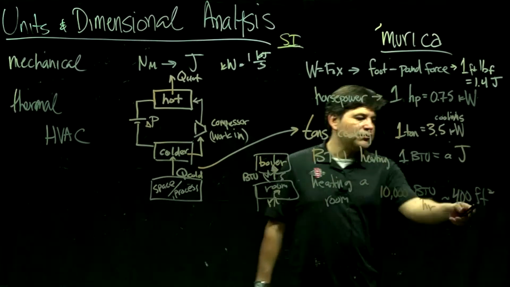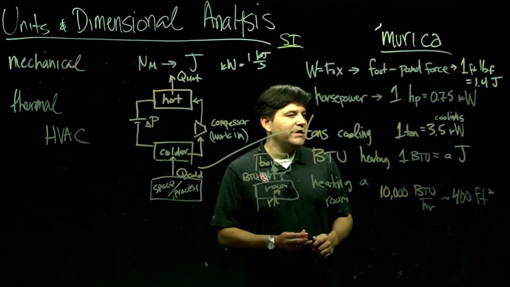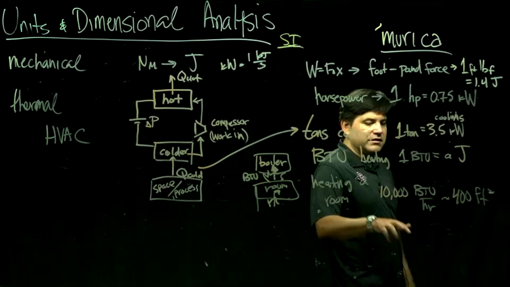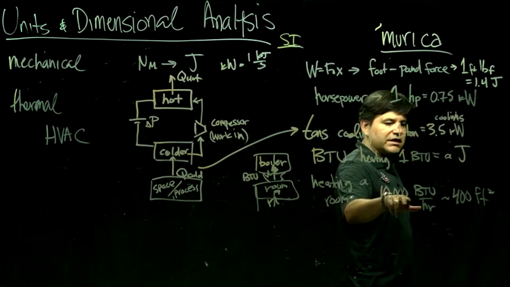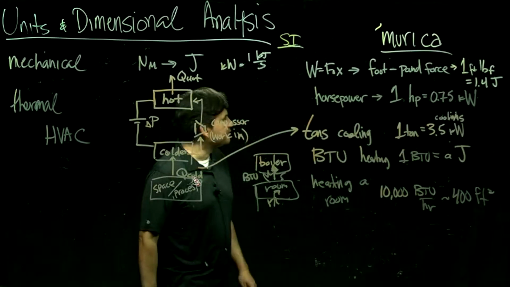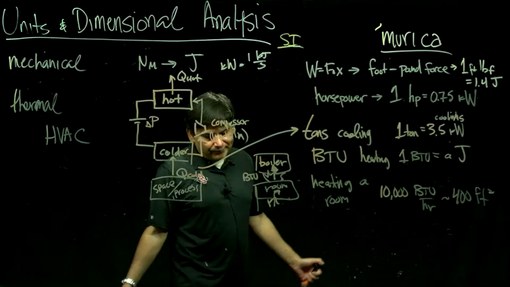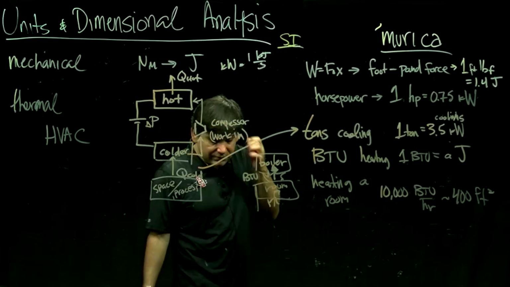If your room was 400 square feet, you would need a furnace or some type of heater that can transfer 10,000 BTUs per hour. That's how that would work.